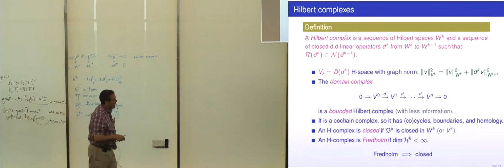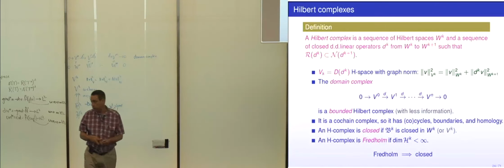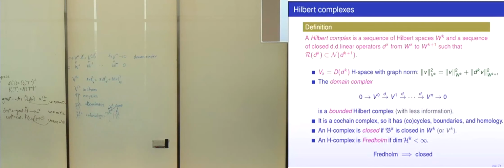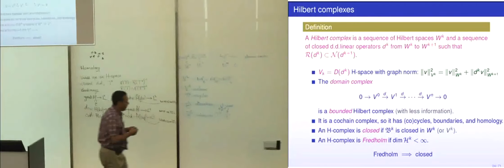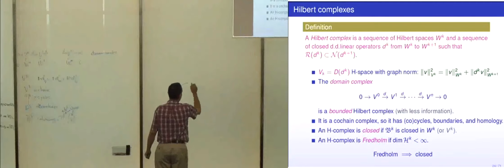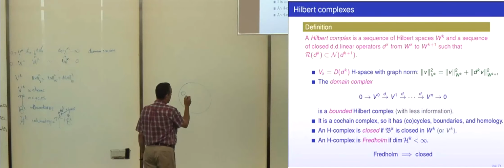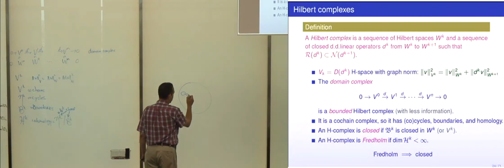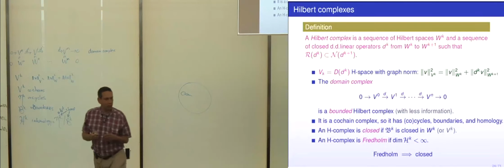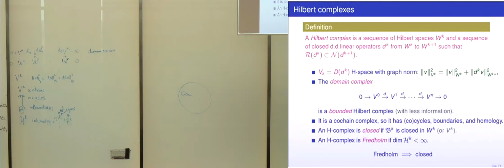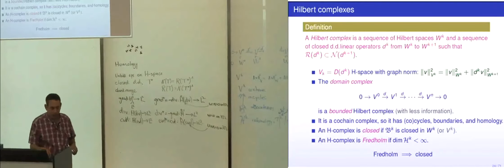That's called a Fredholm complex, and so Fredholm complexes are closed. And in fact, all the complexes we'll deal with are going to be Fredholm. But if you'd like an example of one that isn't, and we won't deal with, remember in our de Rham business, one of the homology groups is the number of holes. Well, suppose I put in infinitely many holes. Then we would have problems. That's a domain without a Lipschitz boundary, a horrible domain. We're not dealing with that.